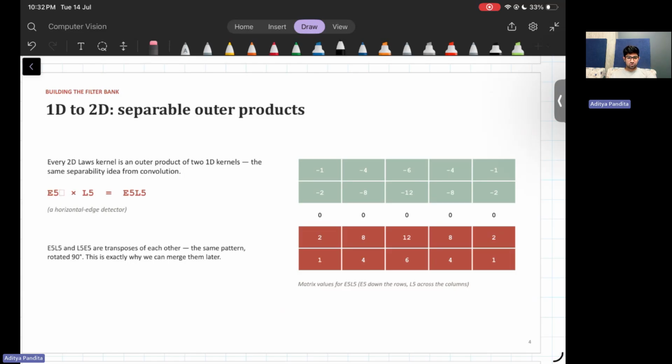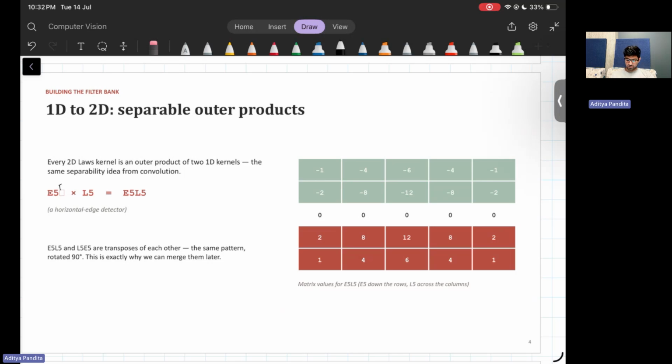One example would be E5 transposed and multiplied with an L5 filter to get an E5L5 filter. This acts as a horizontal edge detector. E5 does the edge detection in one direction and L5 smooths the other direction.